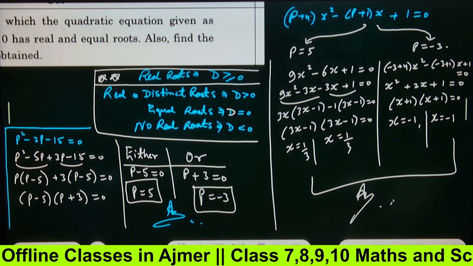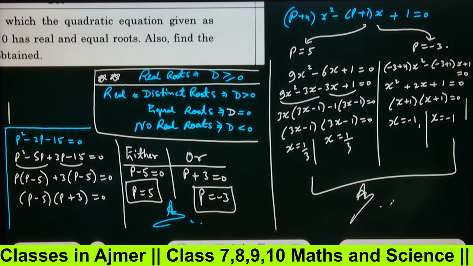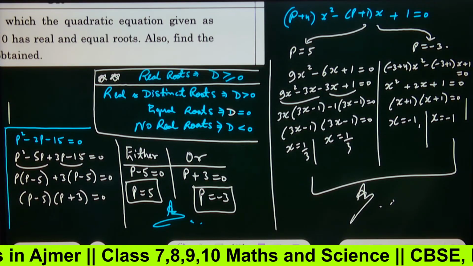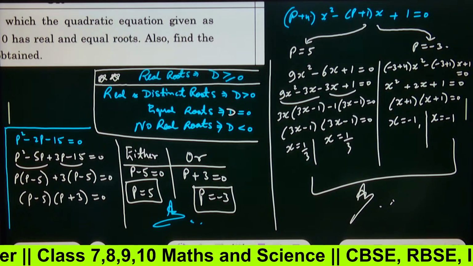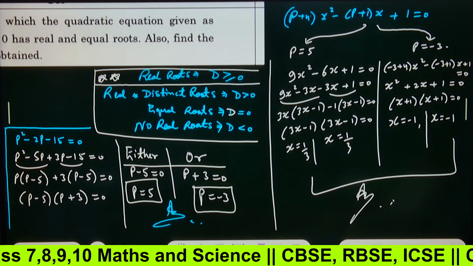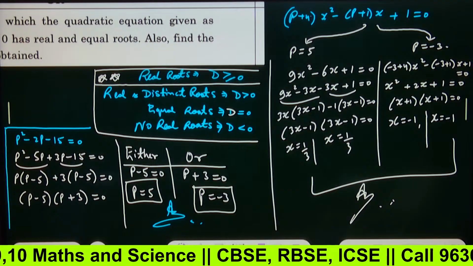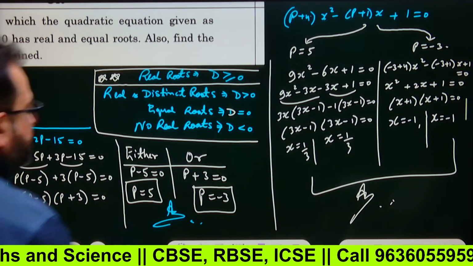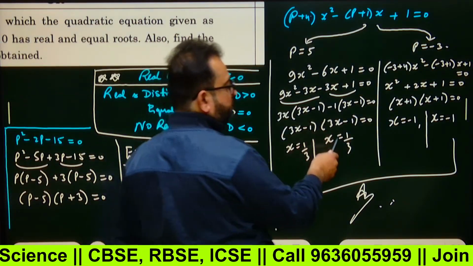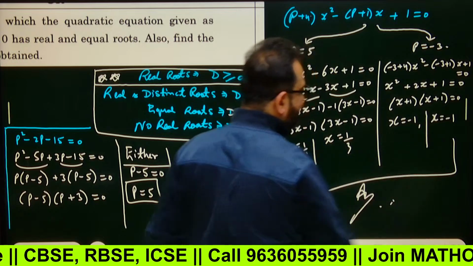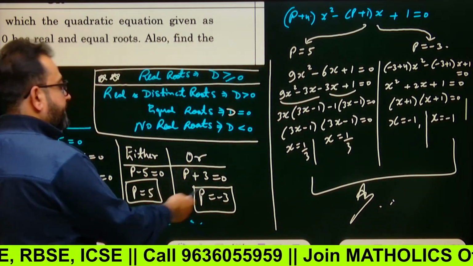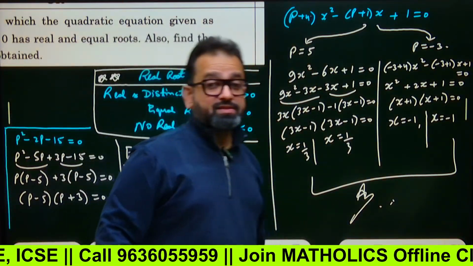P equal to 5, P equal to minus 3 is the answer, and the roots are 1 by 3, 1 by 3 and minus 1, minus 1. So this is the complete answer: x equal to 1 by 3, 1 by 3, minus 1, minus 1, and P equal to 5, P equal to minus 3.